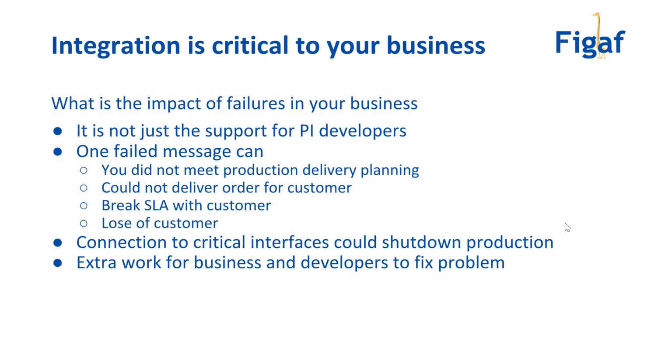But there's also an impact for the business. Even though we get to fix this problem at a reasonable time, there could be a problem that you're not able to deliver a production order delivery. Because the production planning has run, we would then have to rerun it or delay the order for tomorrow, and that may mean that we will not create the order correctly for the customer.